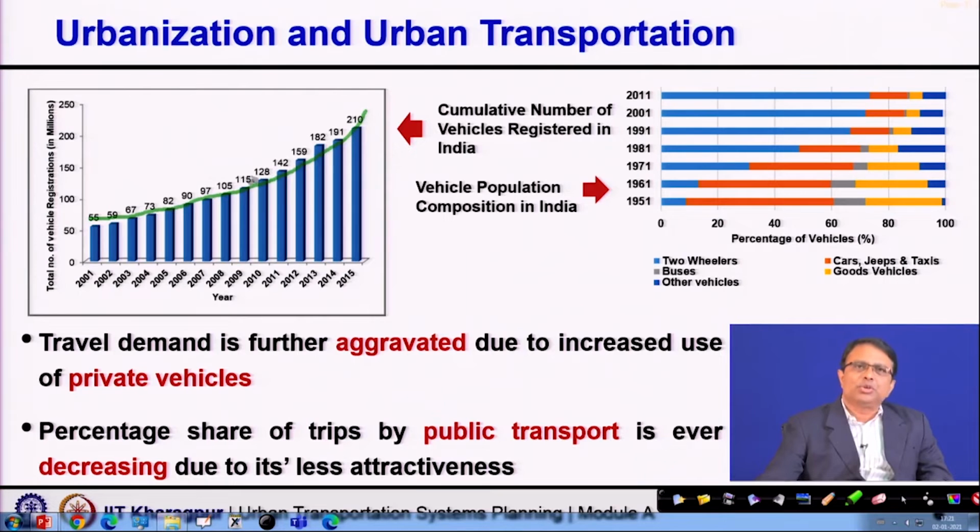And this growth is happening primarily because of the growth of private vehicles. Why I am saying this, if you go to the right side, you can see this is actually the share of public transport, and I have shown starting right from 1951, the lowest bar is for 1951 and the top one is for 2011, right.